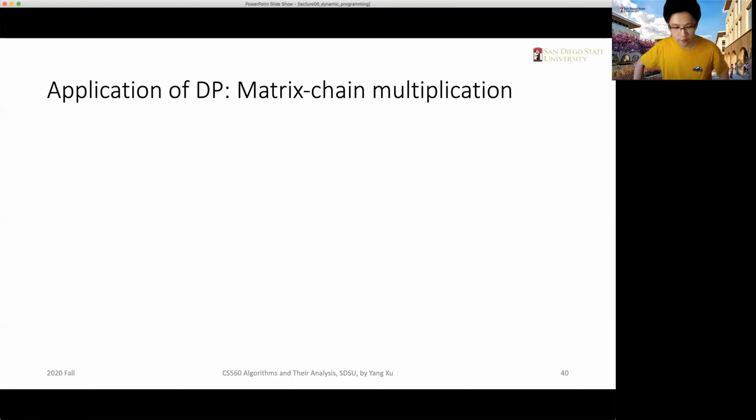We want to solve each sub-problem just once, and after that we store the results. Later on, when we need the results of the same problem, we don't solve it, but we refer to some external memory space, like a hash table or an array list, to look up the results.